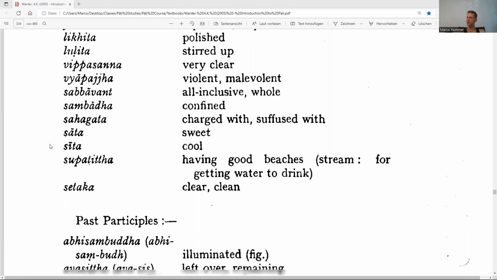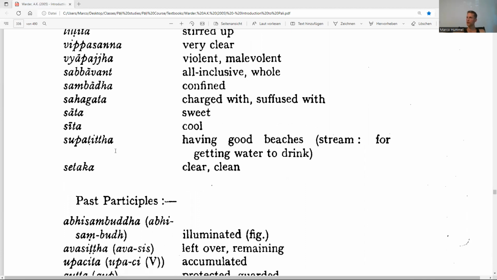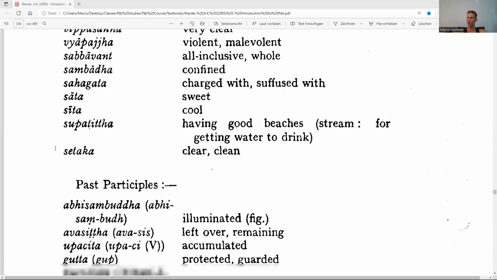Sata, sweet. Sita, cool. Supatittha, having good beaches, like for a stream, for getting water to drink. So patittha is like the access to a body of water, and supatittha means having good access to this body of water, like a footbridge to the water. So with good footbridges to the water, so to speak.